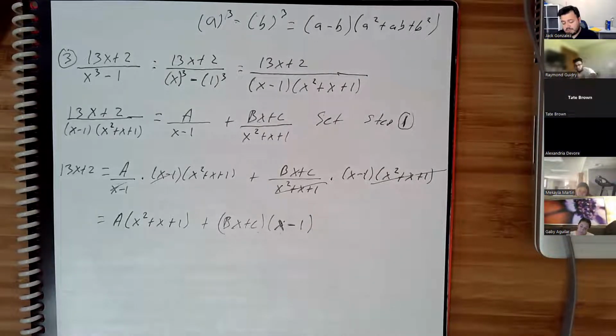Any questions on that algebra? So do you see why we don't want to use Heaviside?